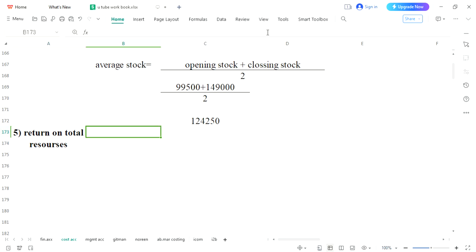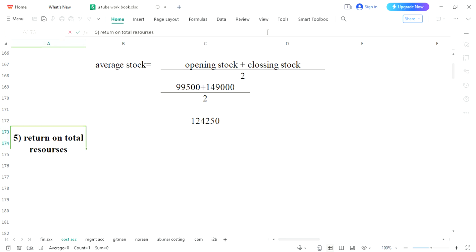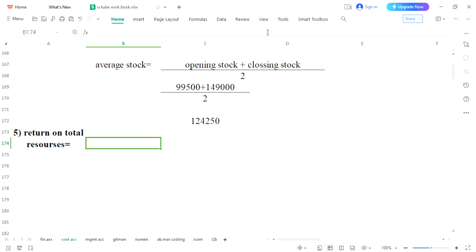Here we are going to put it. First, you need to have net profit, and it would be divided by total assets. So our formula has been completed.